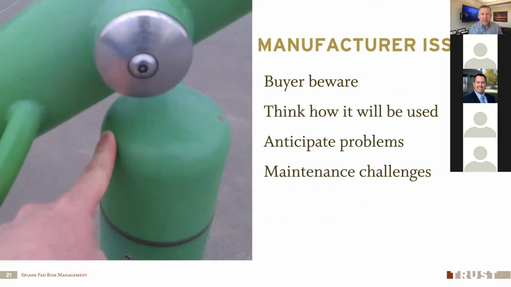And if a child had a hold of that and another child started raising and lowering it, you could have a crushed finger or crushed hand. Kind of a simple thing, but let's look at those and say, how do we make this as safe as we can for the children? And maybe if there wasn't a good design way to handle this one, we buy a different one. Okay.